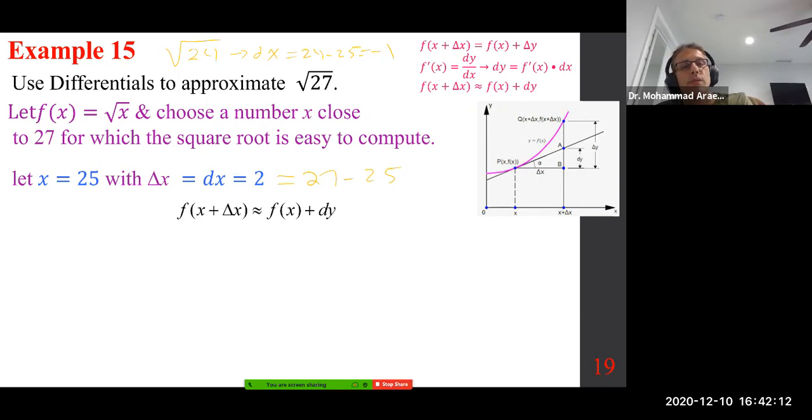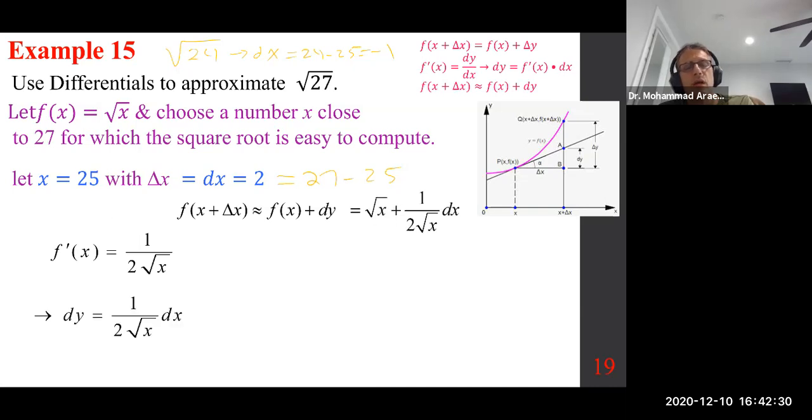So we want f of x plus delta x. We're going to approximate it by that. So differentiation of square root of x, which we have done many times, becomes, in order, that's a simple case, 1 over 2 square root of x. dy is the same thing times dx. And so it becomes square root of x plus 1 over 2 square root of x dx.